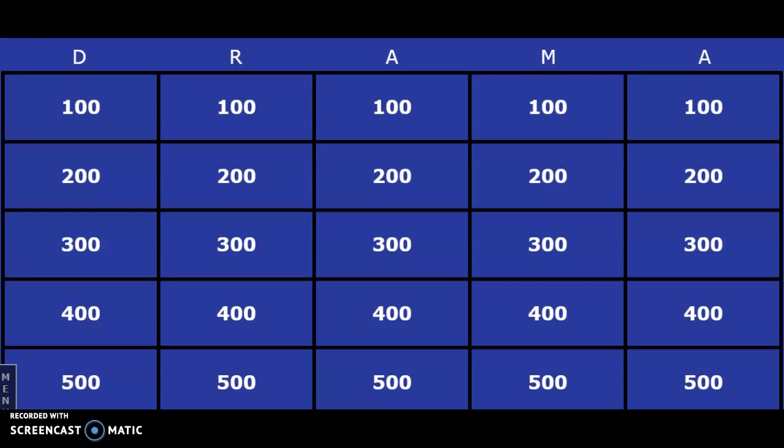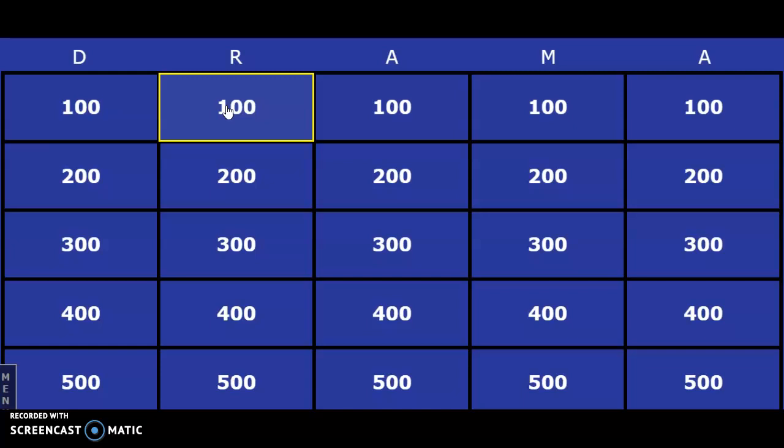Here we have drama. Usually they have the categories up here, but instead of the names of the categories, they just put the letters. If you never played before, the way that you play Jeopardy is I click on one of these boxes, and the answer is going to be in the form of what is.